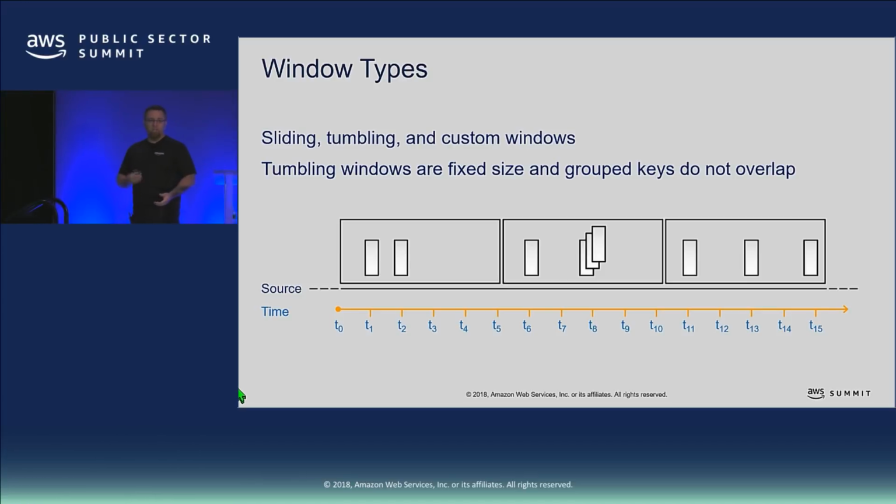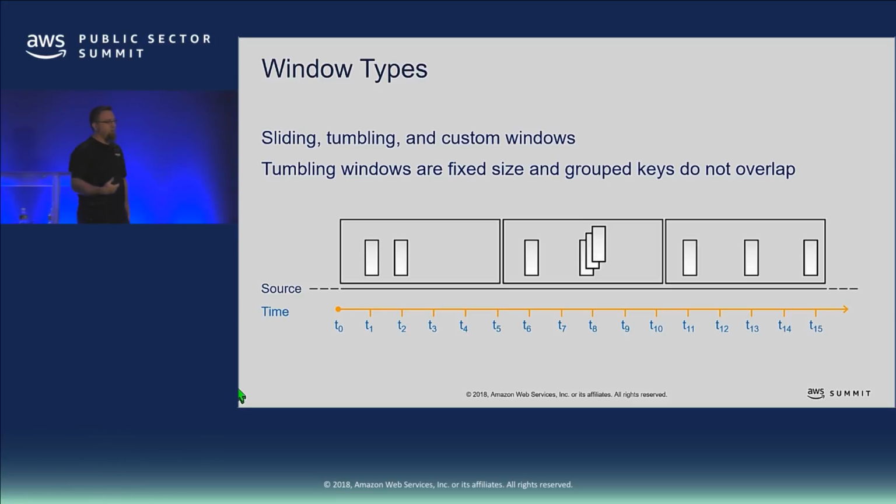The first window is a sliding window. So think of that as I may have a 10-minute sliding window that I'm working off of. This window slides every 10 minutes. So there'll be some overlap of data between the windows that you may need to work with. The next one is our tumbling windows.